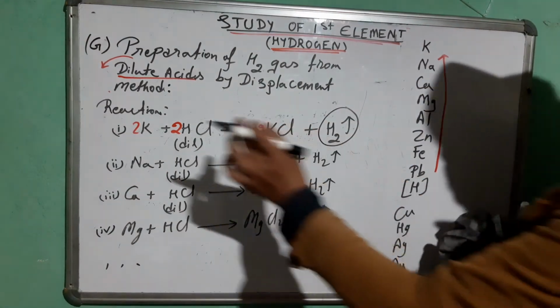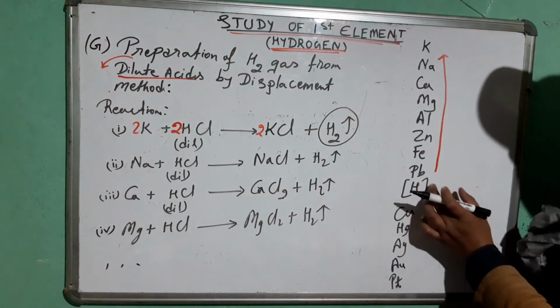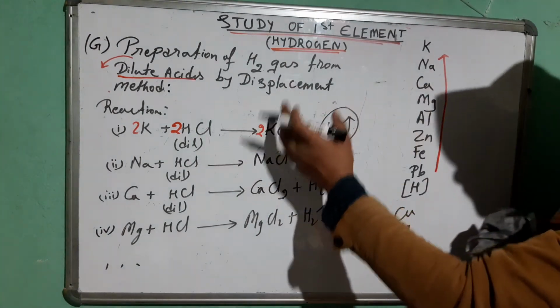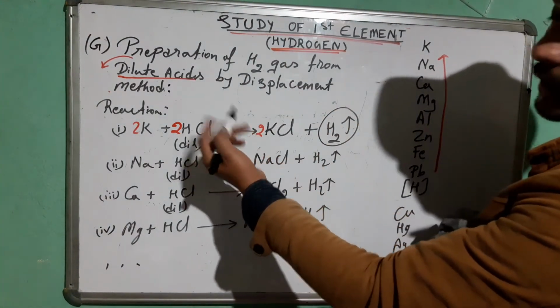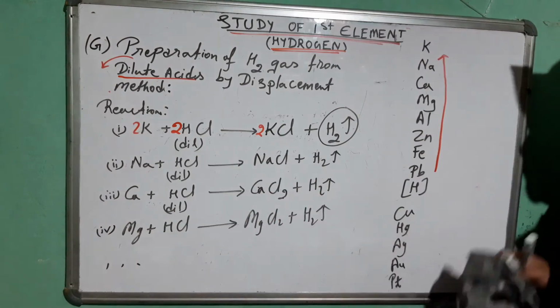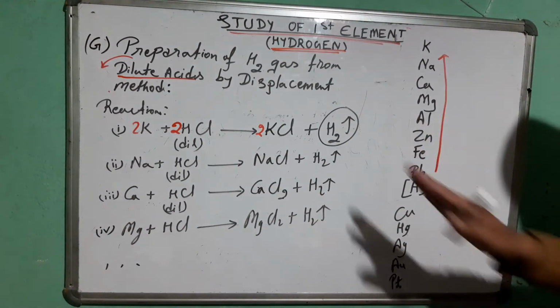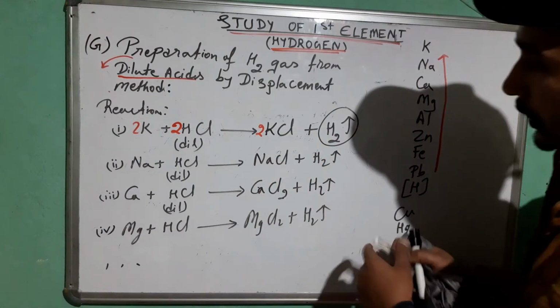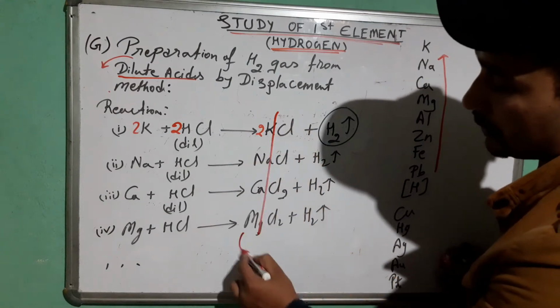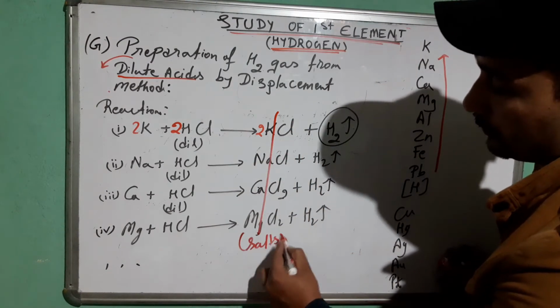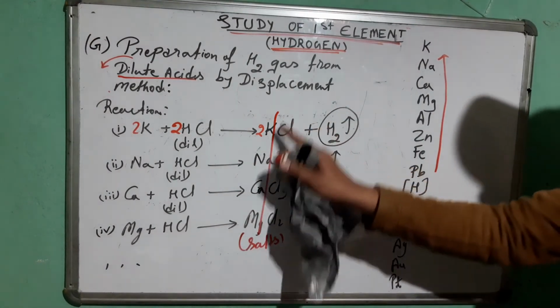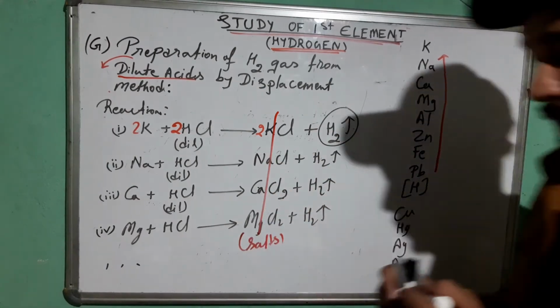Active metals which occur above hydrogen plus dilute acid, you can use HCl or H2SO4 or HNO3, give salt. This column is salts, gives salt and hydrogen gas.